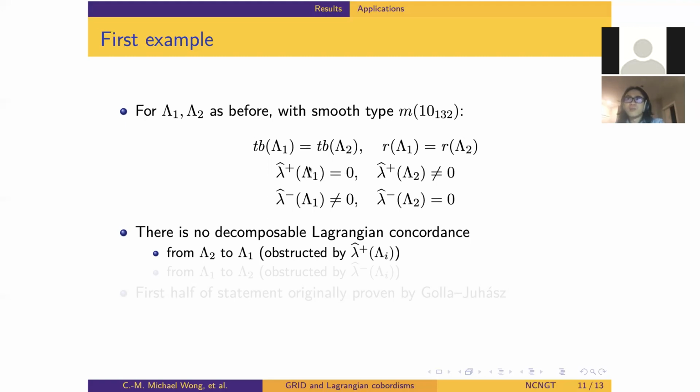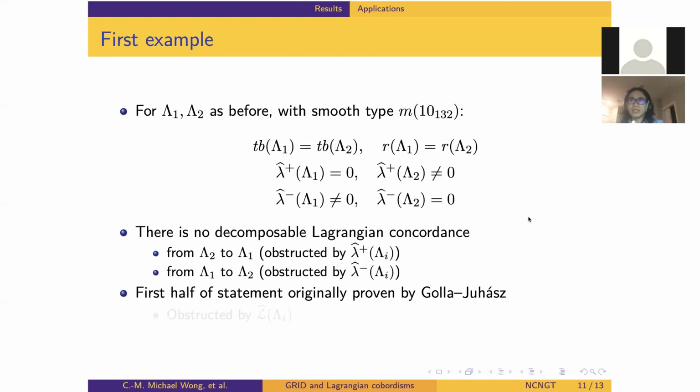You cannot go from top to bot because top is 0 and bot is non-zero. That's obstructed by lambda plus. And lambda minus gives you the other direction. Now the first half of this statement, the lambda plus statement, was originally proven by Golla and Juhász because they proved it for the LOSS invariant, which corresponds to the lambda plus invariant.